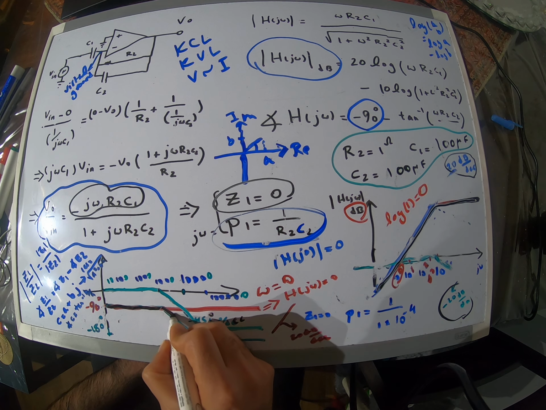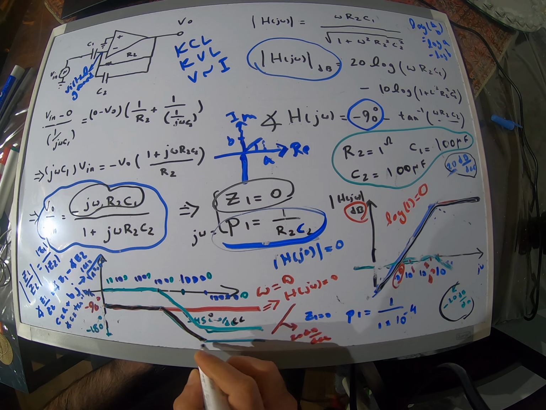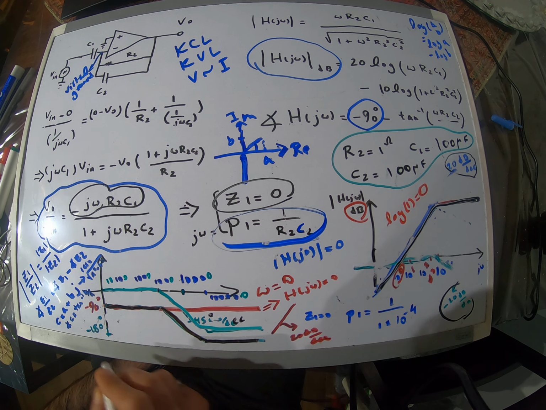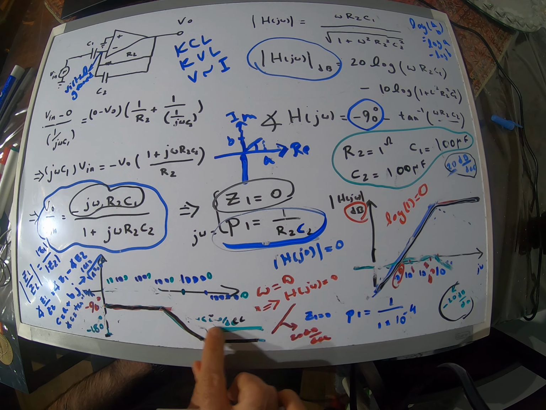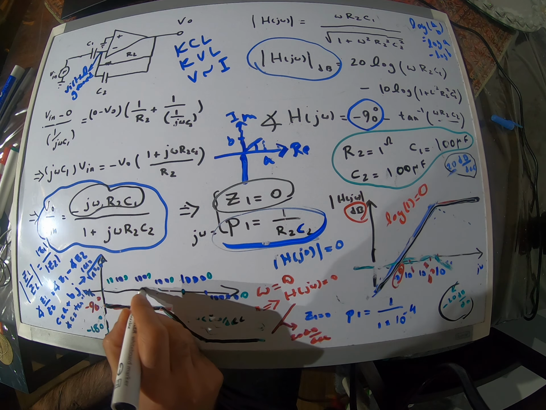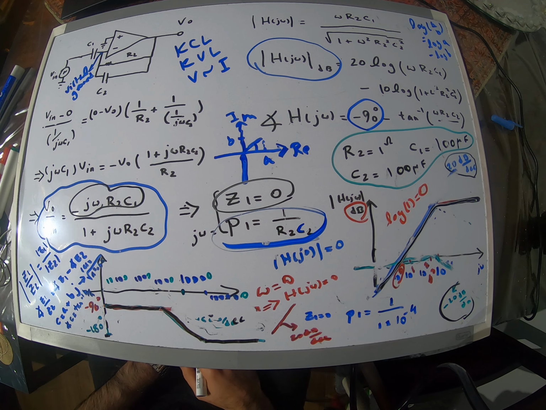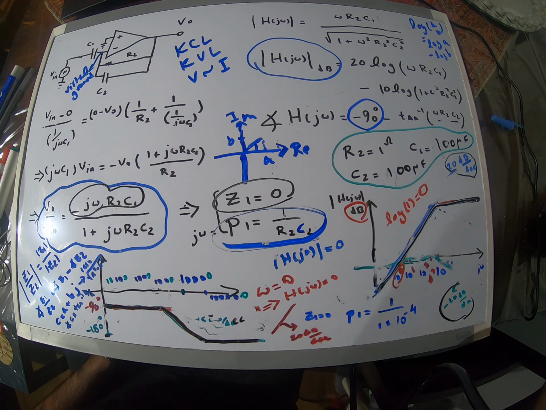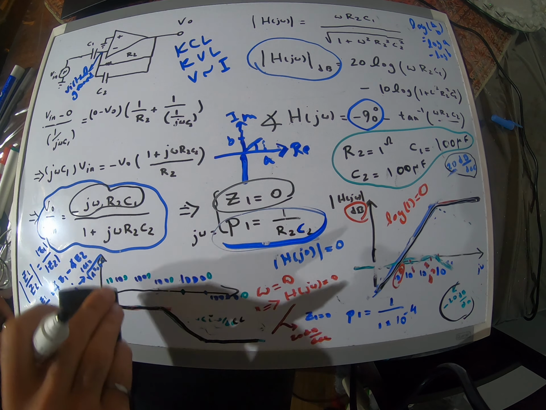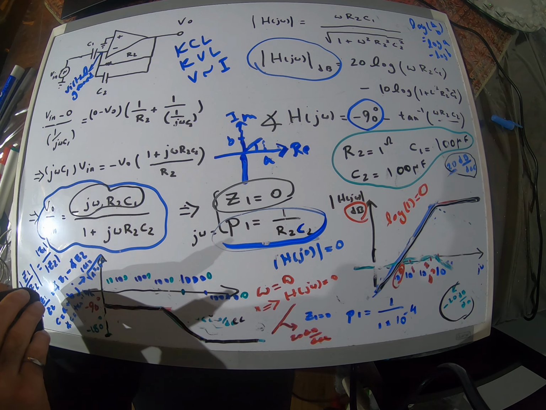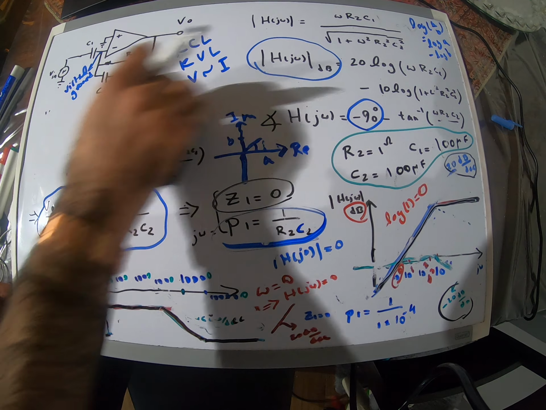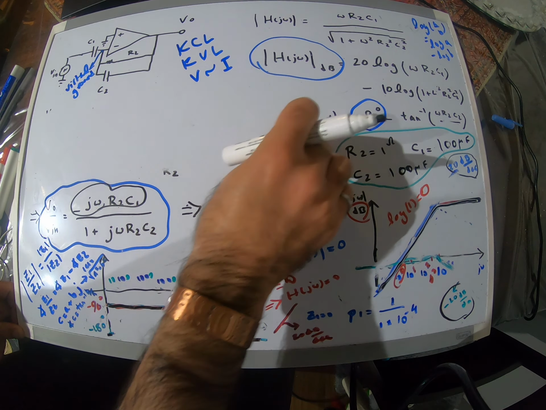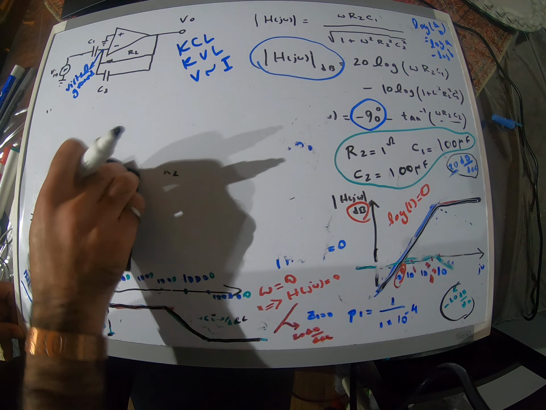So this is going to come down here, and it basically settles at negative 180 degrees. So I can now get rid of the pole and zero here, and this is basically the Bode plot. This is the magnitude, and this is the phase Bode plot of this problem. So this is how you can draw the magnitude and phase Bode plots.